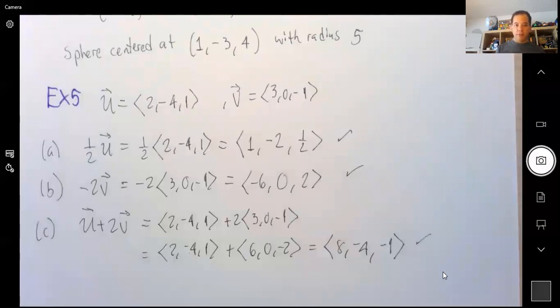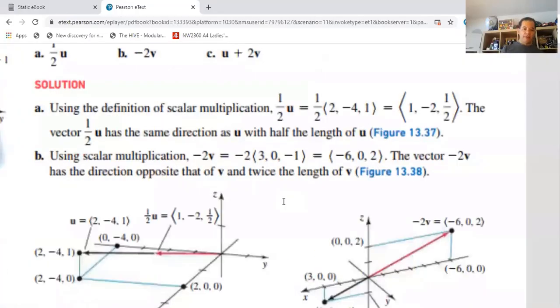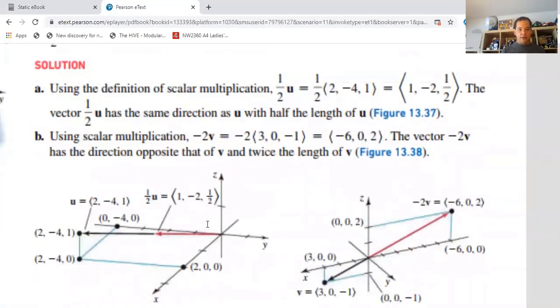Okay, let's go back to the book because there are actually some pictures associated to this. So here's what we did for the first one. We did 1/2 of u, so that you see that it represents what we know it should be. So we had the vector u.